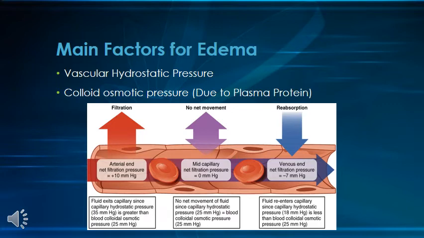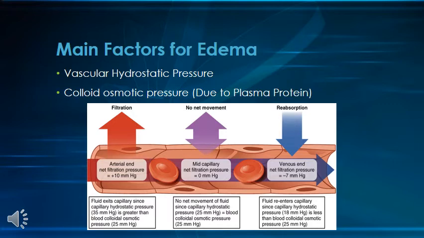When pressure at the arteriolar end, the hydrostatic pressure, usually remains high as compared to the venous end. So at the arteriolar end in the blood vessel, hydrostatic pressure is more than on the venous side. Then fluid moves out from the arteries into the interstitial spaces due to increased hydrostatic pressure inside the blood vessel at the arteriolar end.